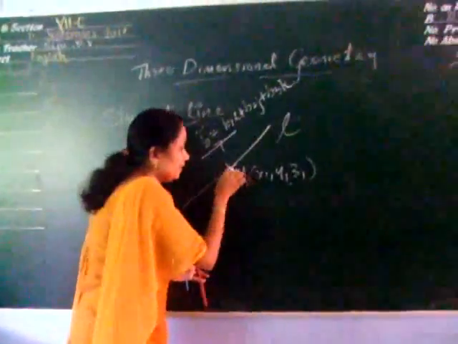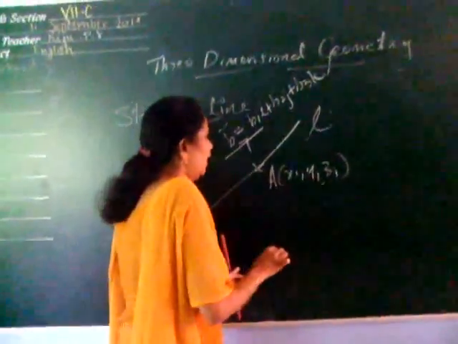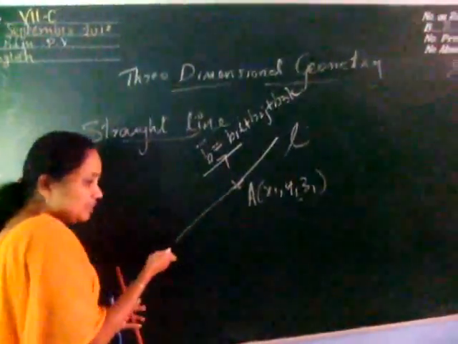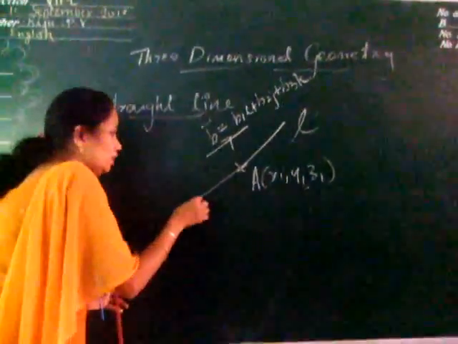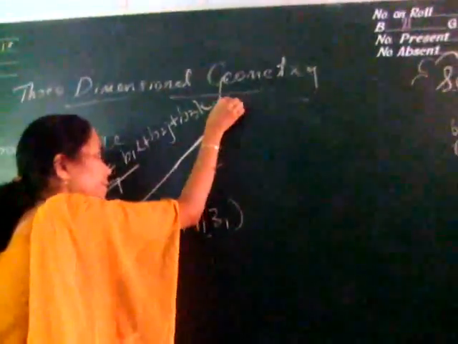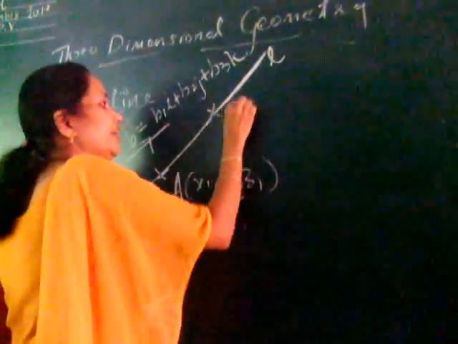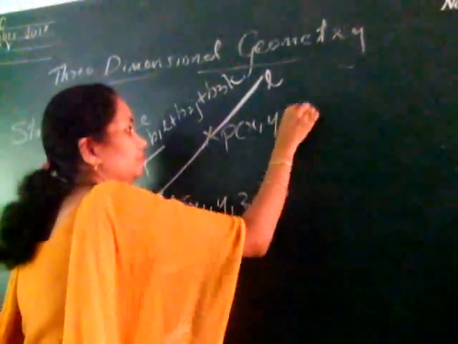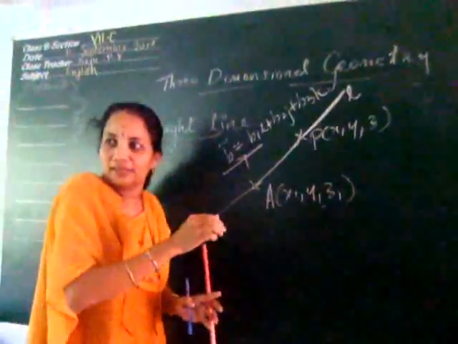When we consider a point, it is a fixed point. And to write the equation of the straight line, we always consider a variable point. So let us consider the variable point as P(x, y, z). So the variable point on the line is P(x, y, z).